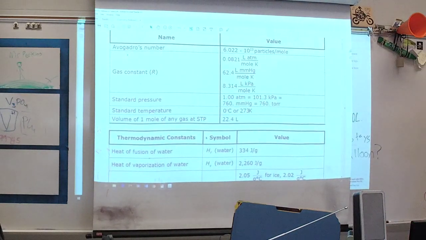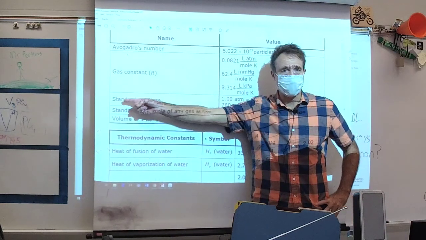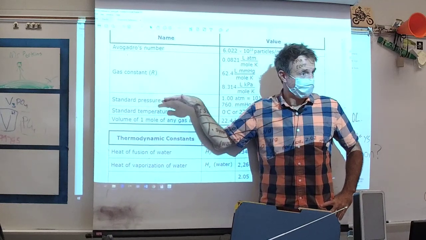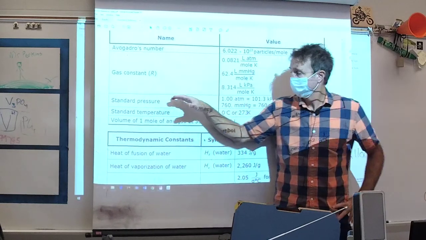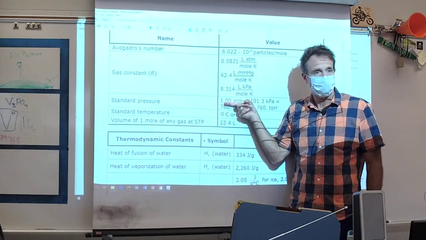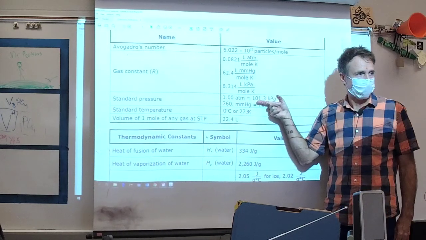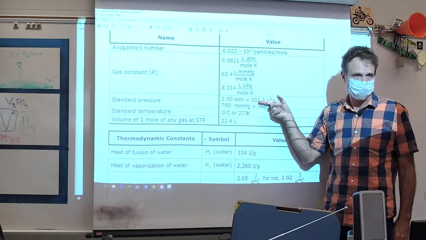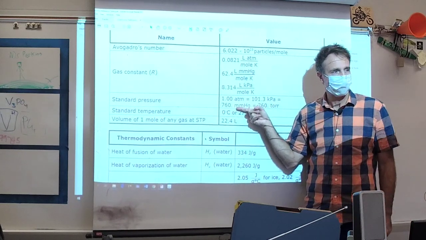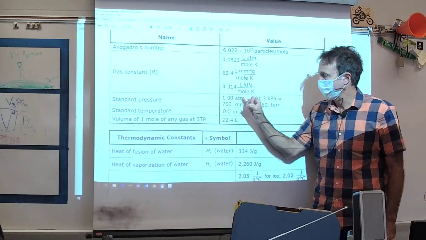So if you look at the top of page 1 on your tables, it says standard pressure, and that means like the pressure at sea level, okay? You could call that pressure at sea level, you could call it 1 atmosphere, or if you wanted to use different units, you could call it 101.3 kilopascals, or you could call it 760 millimeters of mercury, or torr, which are the same thing.